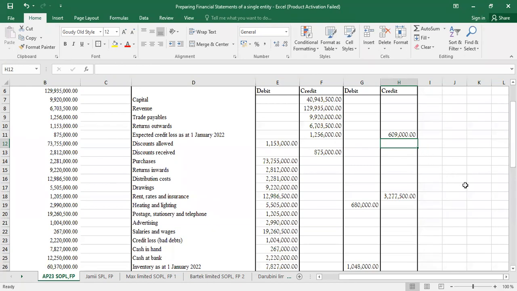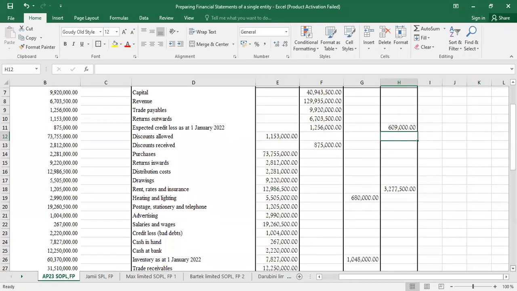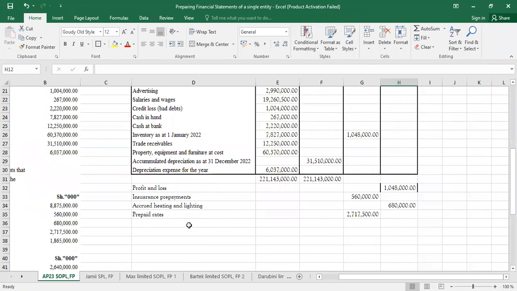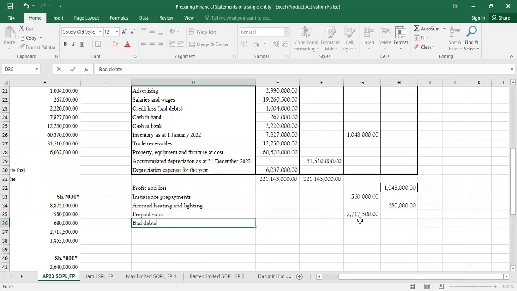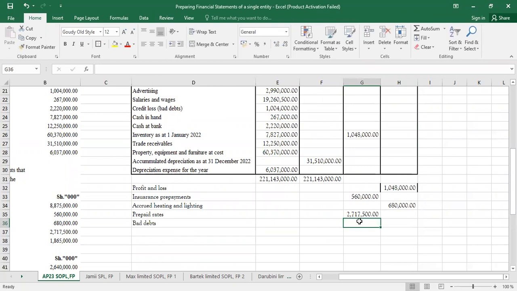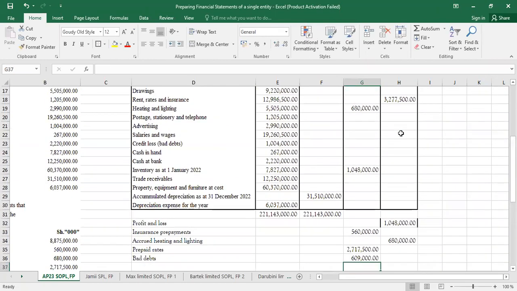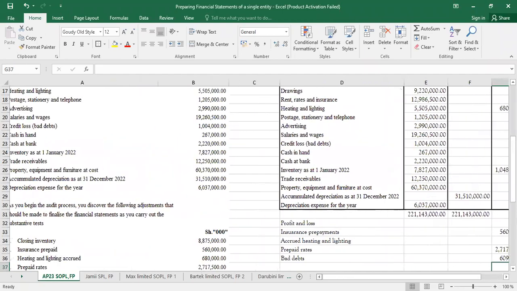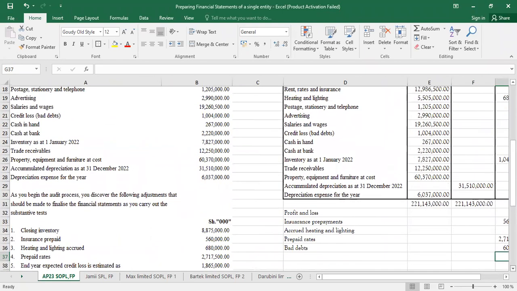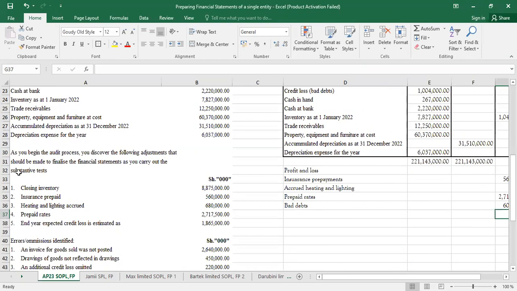So here we introduce another account, bad debts. We are debiting because it's an expense, so we debit with the same amount, the 609, enter. Then we continue. We have finished up there.